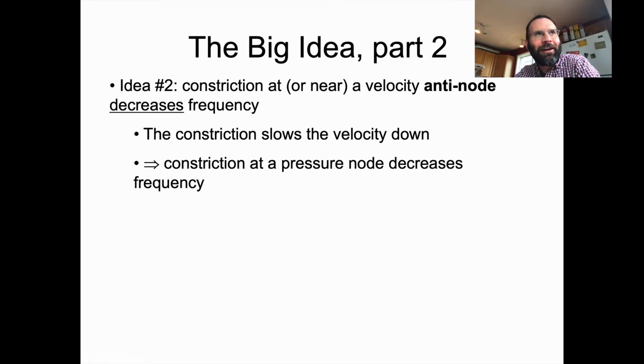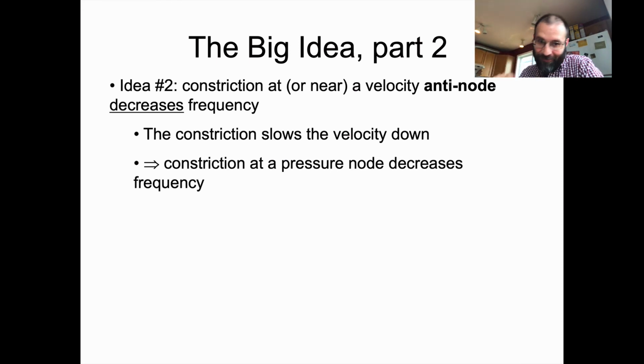You go from high velocity to very low velocity at a particular point. So if you constrict there, you're putting more pressure on that velocity antinode, and the extra pressure is going to slow things down. If you slow down the velocity, that's going to decrease the frequency of whatever standing wave has a velocity antinode at that spot. So constriction at a velocity antinode decreases frequency.